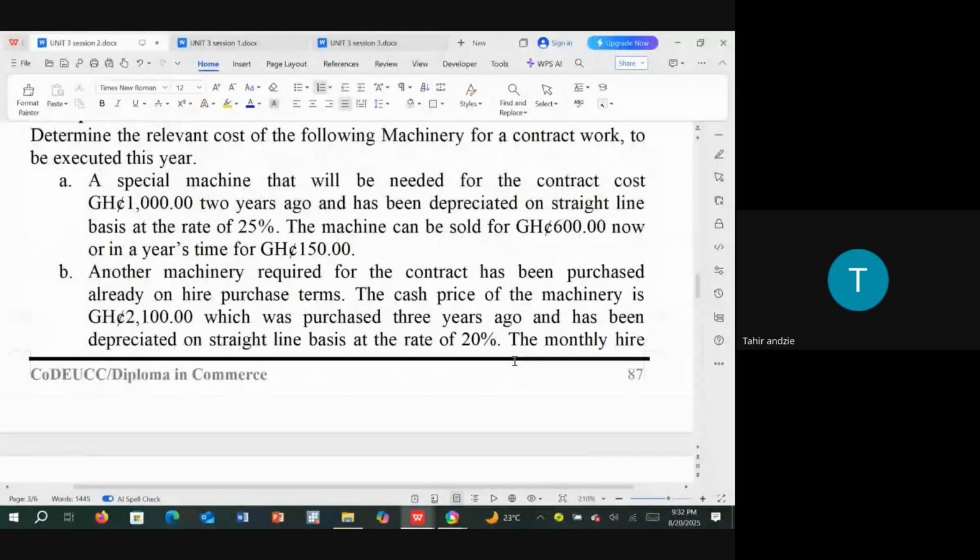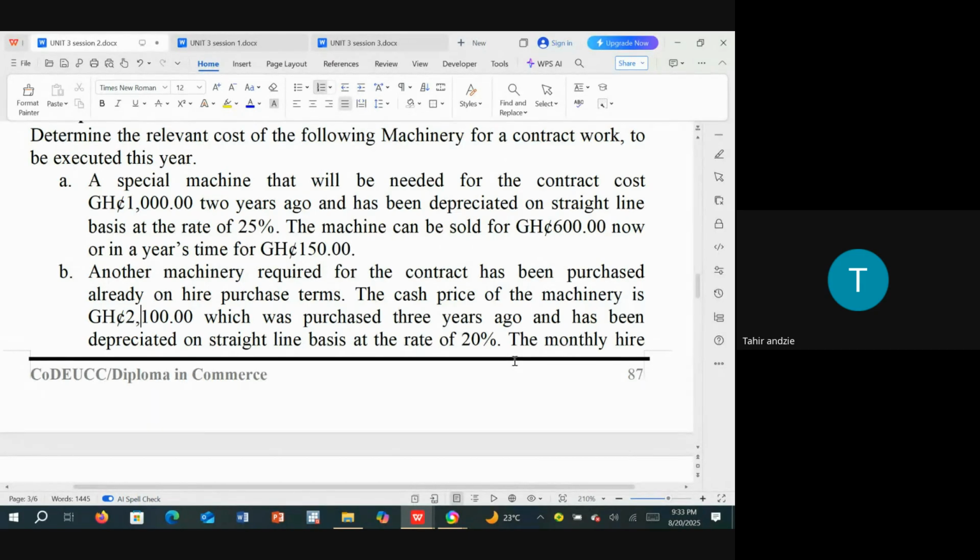So let's look at the first one. A machine that will be needed for the contract that cost 1,000 Ghana cedis 2 years ago and has been depreciated on straight line basis at the rate of 25%. The machine now can be sold for 600, and in a year's time for 150. What is the relevant cost for machine A? Based on the concept we have learned, the historical cost of the machine is irrelevant, the depreciation is irrelevant, but the incremental cost of using the machine is what is relevant.